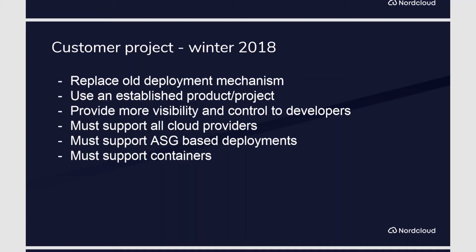The reasoning here was that they didn't really want developers to go into the AWS console, because it can be quite intimidating, and there's a lot of information that's not really relevant. So with Spinnaker, you get a really easy to use web console where you can see the deployments happening, the pipelines running, and the status of the deployments.